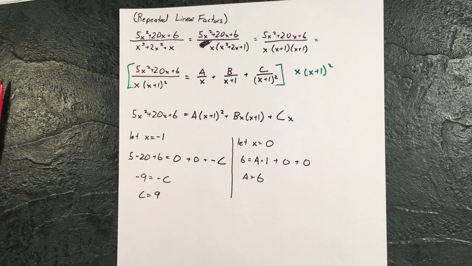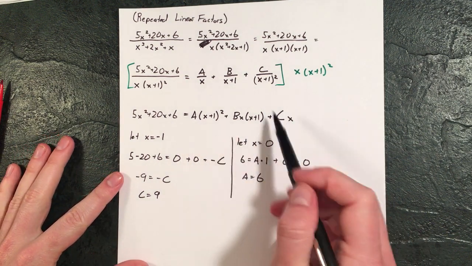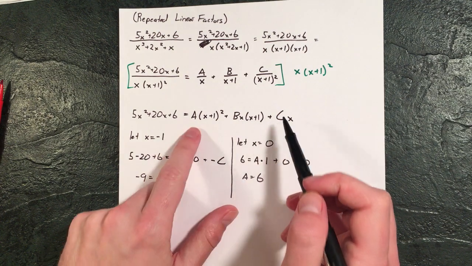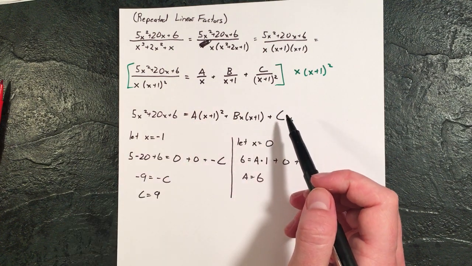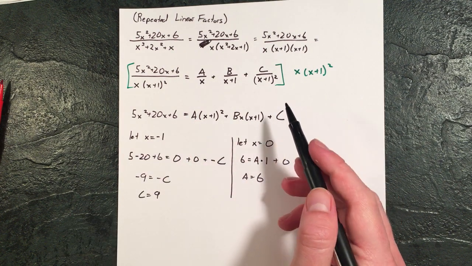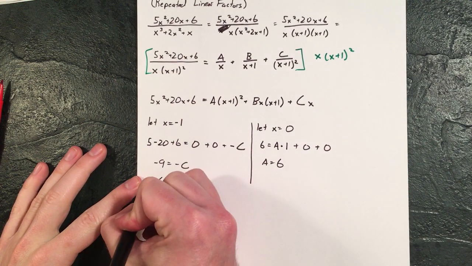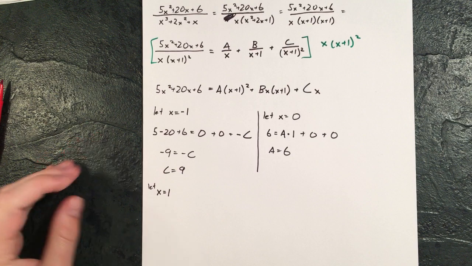But if you're noticing, we've run out of things to let x equal that are going to eliminate the other ones, because we need to find something that will solve for b that will eliminate these two. If we're stuck at a place like this, let's let x equal some other number. So here, let's let it equal 1.